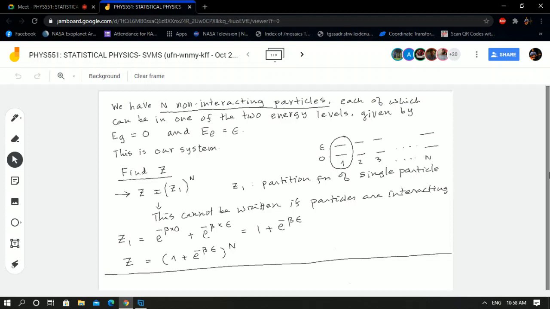Srivardhini, are you there? How do you find entropy? I don't know, sir. Okay, what thermodynamic quantity can you find? This is an easy question. The partition function is given, but which thermodynamic quantity can you find?